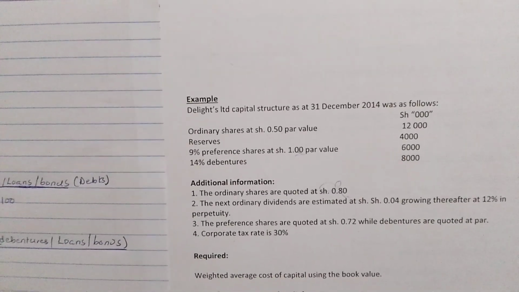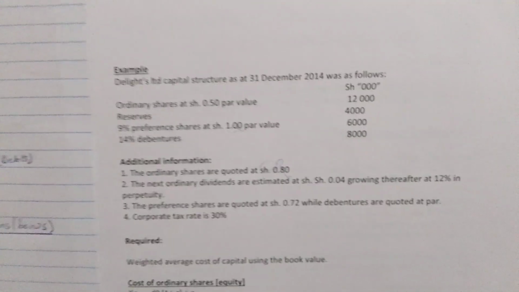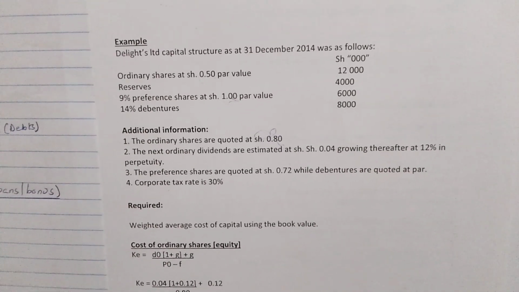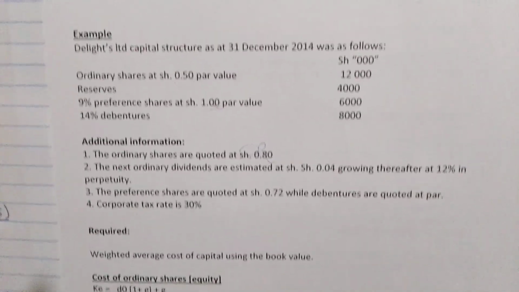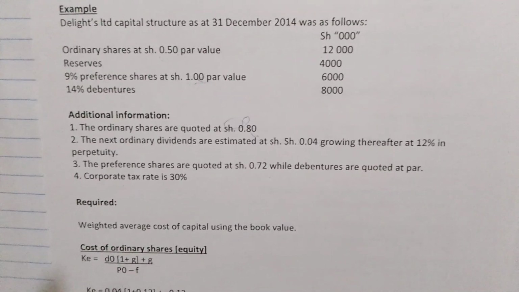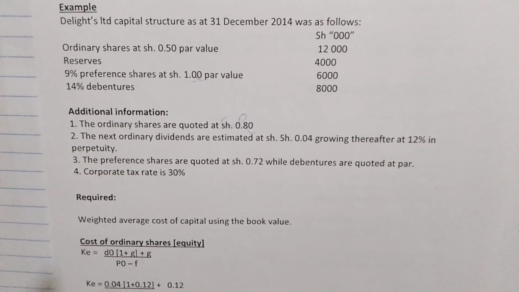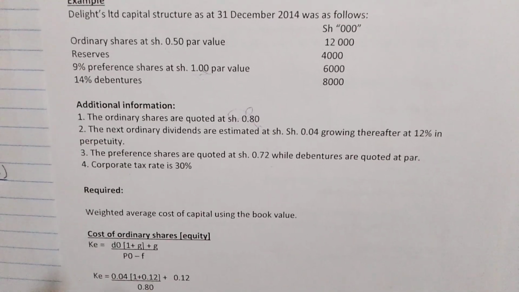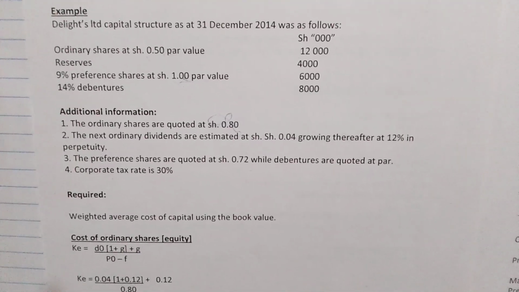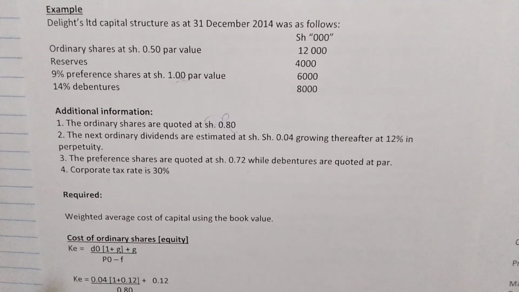Reserves are also known as retained earnings. Why are we considering reserves or retained earnings when using the book values? Because book values means the figures as they are in the statement of financial position. But if we are told to use the market values, we cannot consider reserves because reserves are not raised from the market.